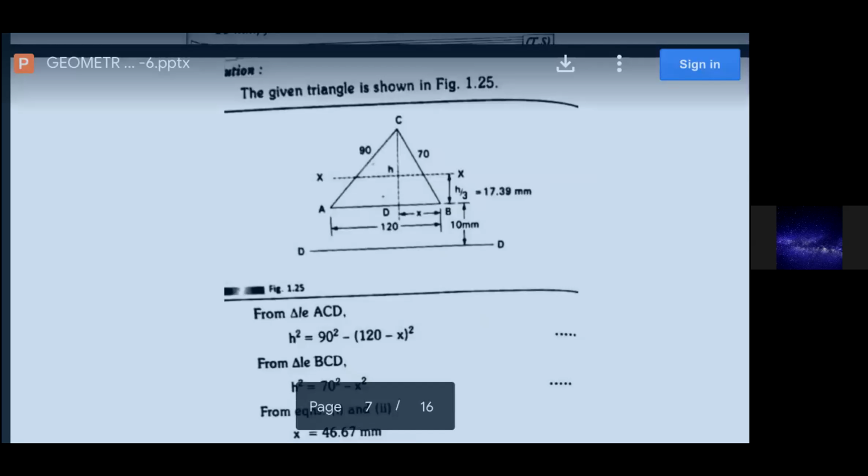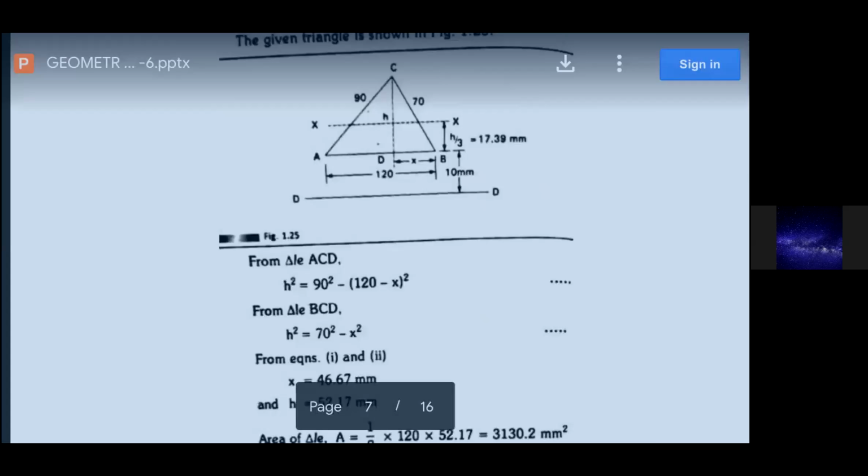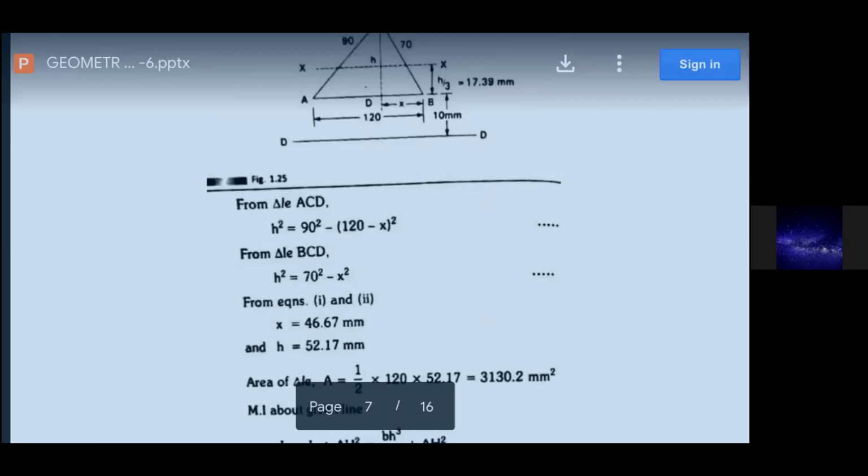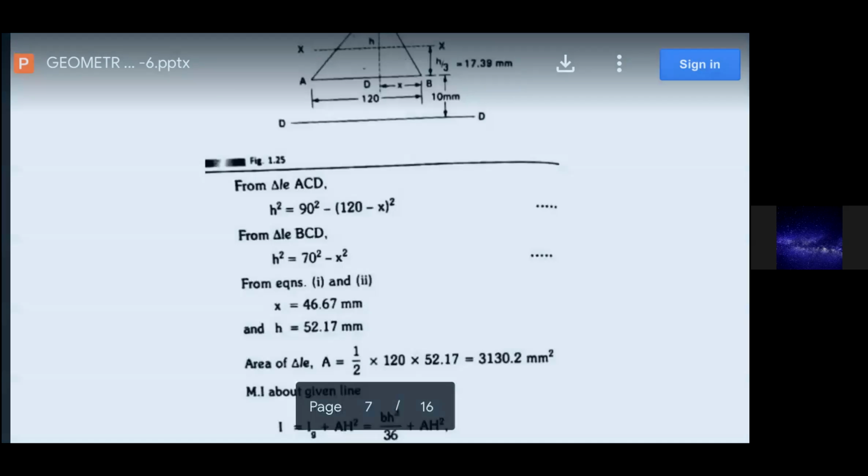From triangle BCD, h square is equal to 70 square minus x square. Solving the above equations, you will get the x value as 46.67 mm and the height of the triangle as 52.17 mm.